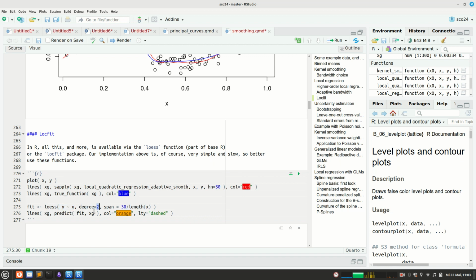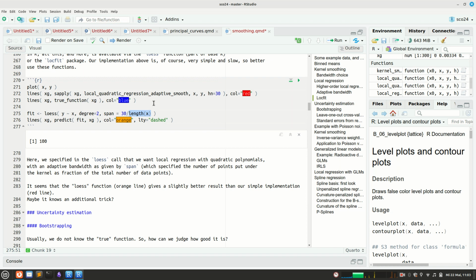I want to do each local fit with a second degree polynomial, so a quadratic fit. And you have this span parameter, which is for the adaptive bandwidth. You have to tell it how many points should be under the kernel, but it doesn't want a number of points, but a percentage of all the points. That's why I divide my number 30 here by the length of all the points, because overall, you remember, I have 100 points, so I have to say span is 0.3.